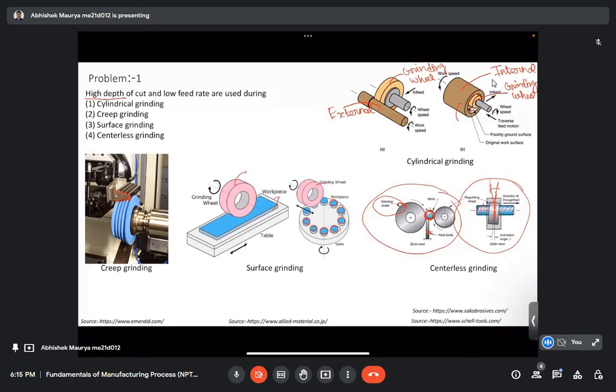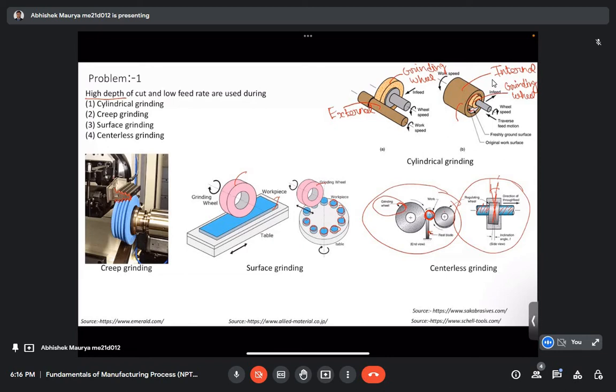The grinding happens, and the feed motion is provided just because of this inclination of the regulating wheel. So that is centerless grinding.